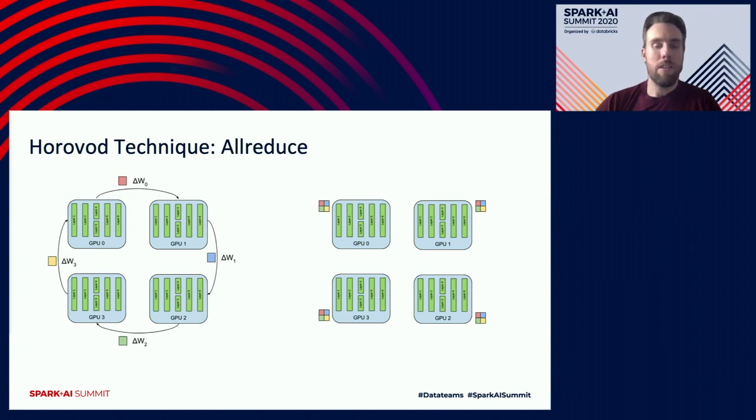And in the end, you end up with the global update of all the parameters across all the workers as quickly as possible, requiring the minimal amount of network bandwidth when using the ring Allreduce operation.